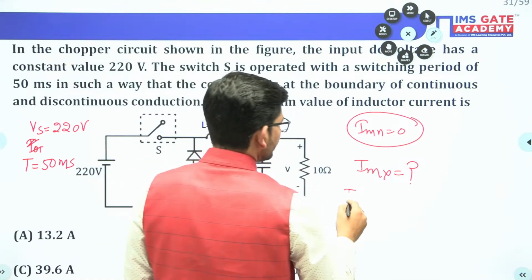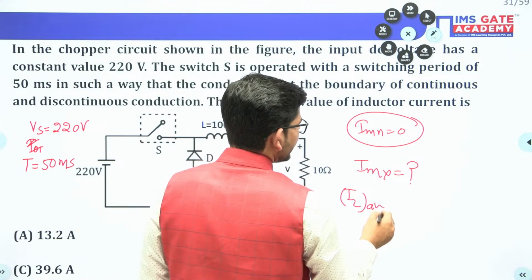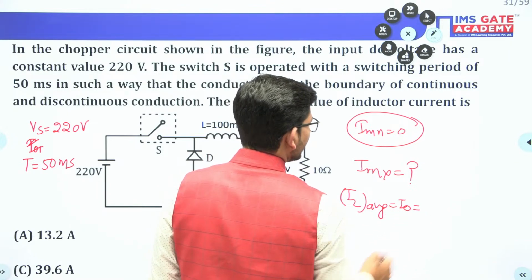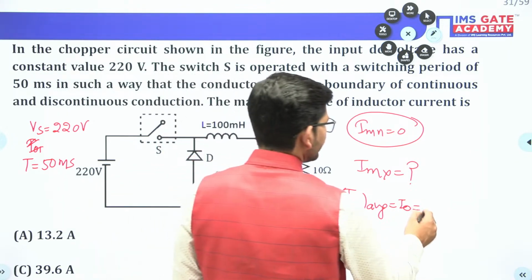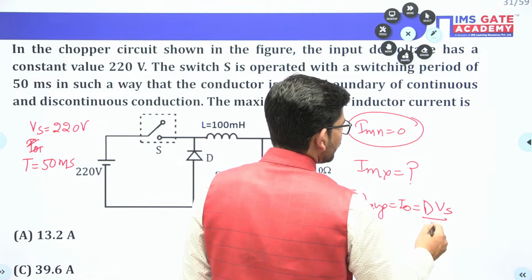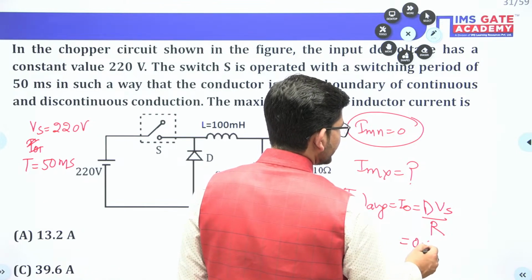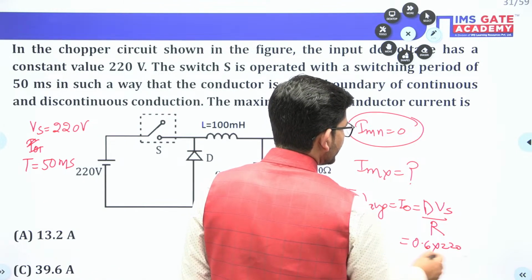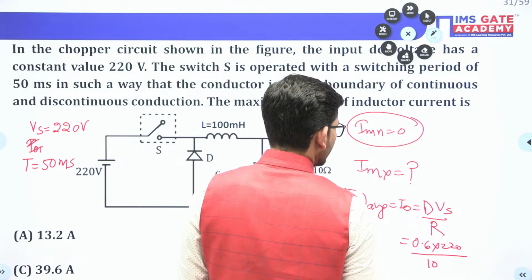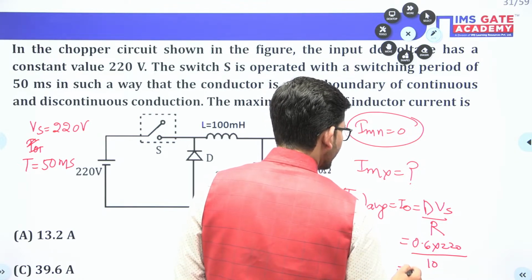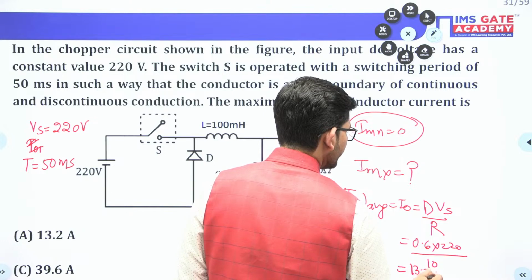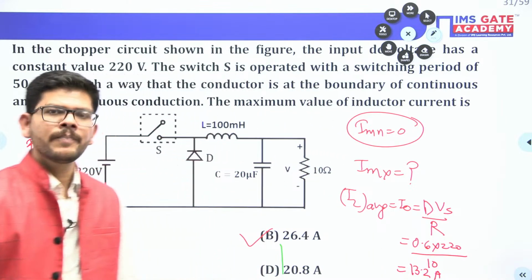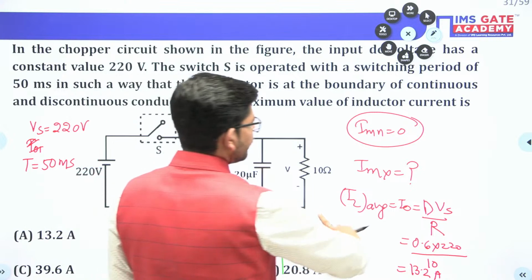IL average will be equals to I naught, and that will be equals to dVs upon R. What is the D? 0.6 into 220 divided by R, which is 10 here. So that is 13.2 ampere, isn't it? So you can calculate IL average from here.